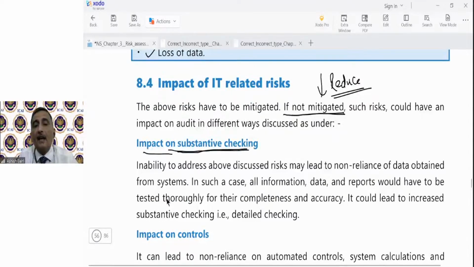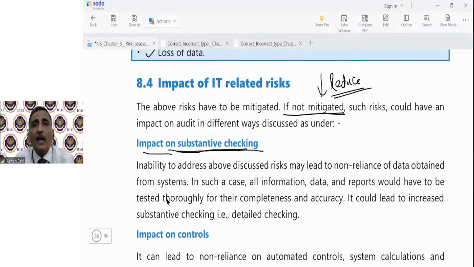So students, tell me, if IT controls are not operating effectively, then what would happen? It simply means that the controls in the company are not operating. So the auditor would not be gaining satisfaction.